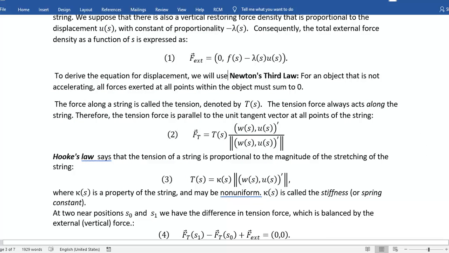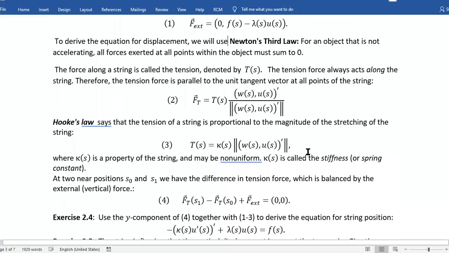Now Hooke's law states that the tension of a string is proportional to the magnitude of the stretching of the string. The stretching of the string is the derivative of the displacement. That's how much the string is being distorted along the length of the string. And the constant of proportionality is K of S. So we have an expression for T of S. We can put that in there. Now notice we have this quantity here is the same as this quantity here.